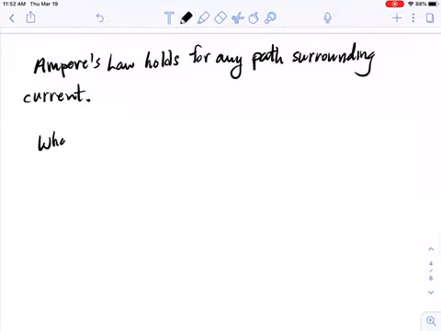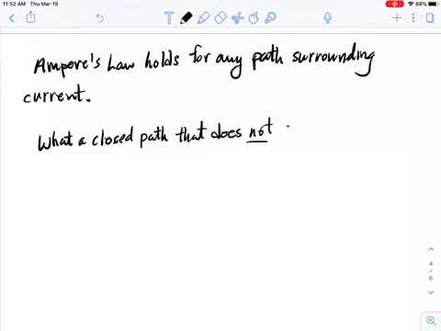So what about a closed path that does not surround the current?